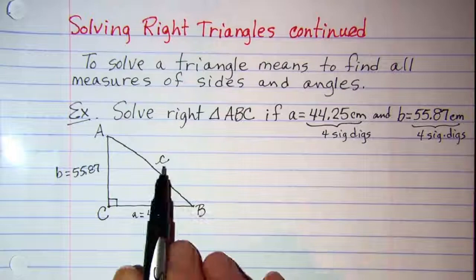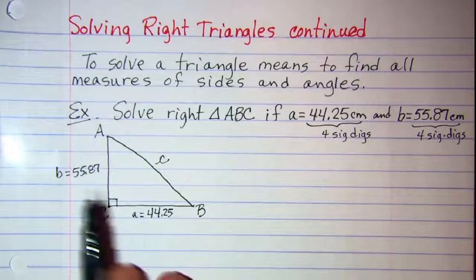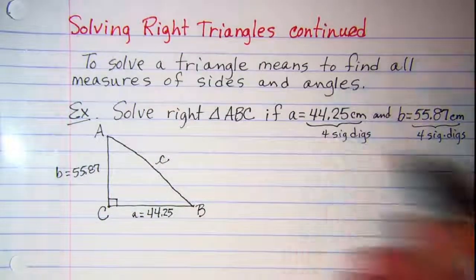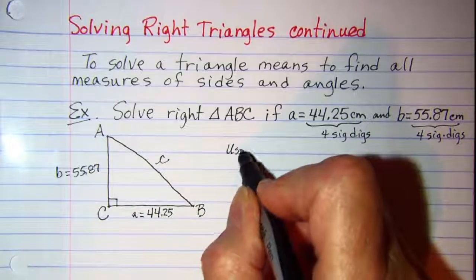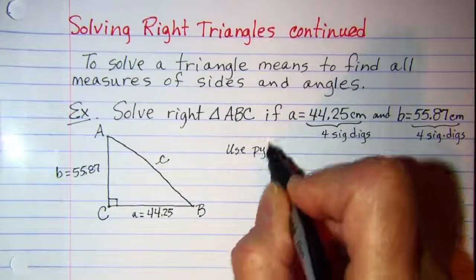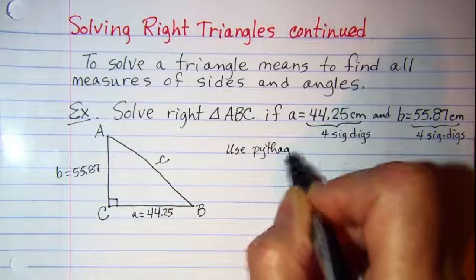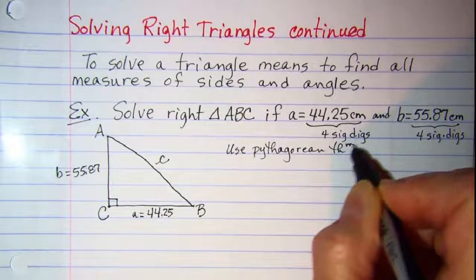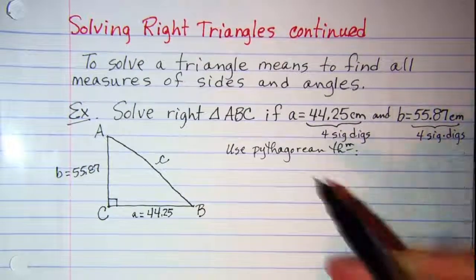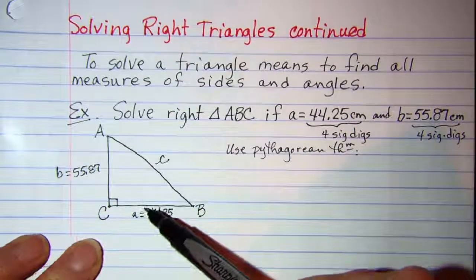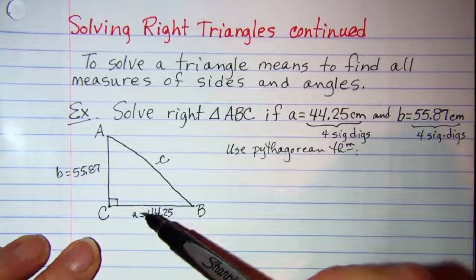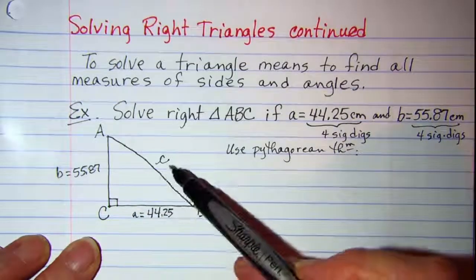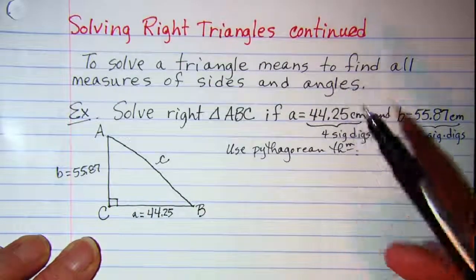Now I can find side C immediately with the Pythagorean theorem. I know that the square of the legs added together is equal to the square of the hypotenuse.